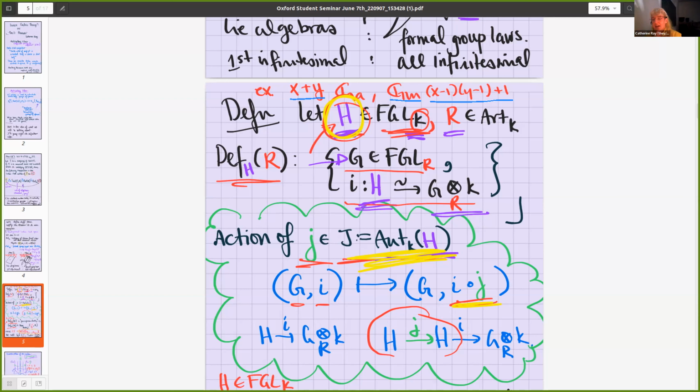This will be a formal group law that satisfies the constraints that I said above.